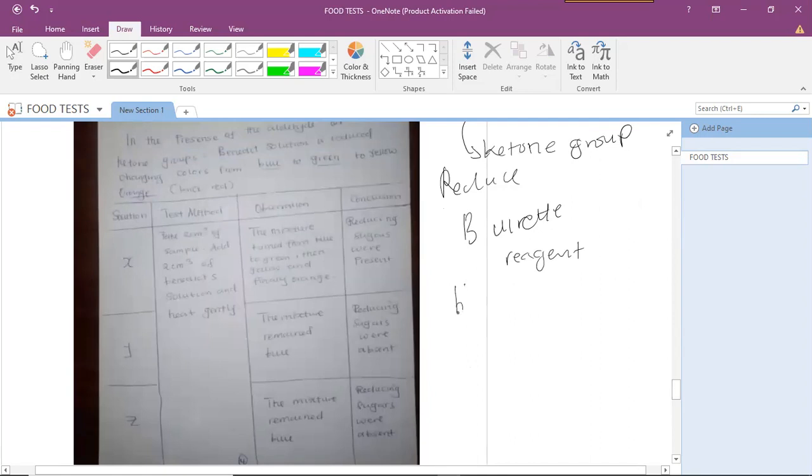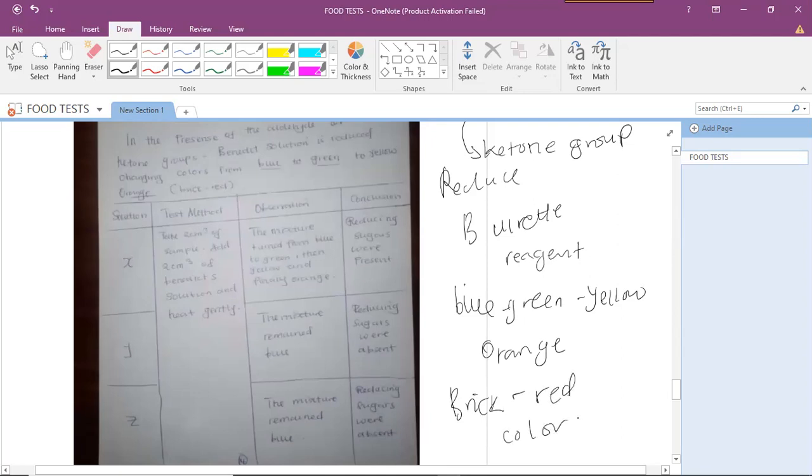You're going to see the mixture going from blue to green to yellow to orange. Then if this is a very concentrated solution with a lot of reducing sugars, it's going to turn into a very bright orange color known as a brick red color. A very interesting color.